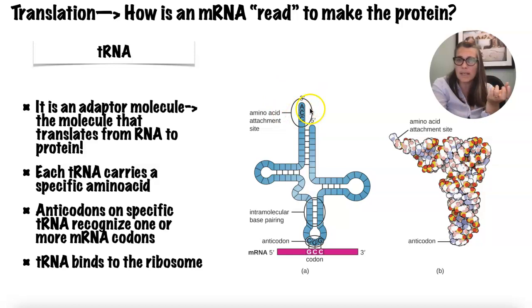So at the end, that specific amino acid is linked with this codon, but also linked with this anticodon, because remember, everything is complementary and antiparallel.